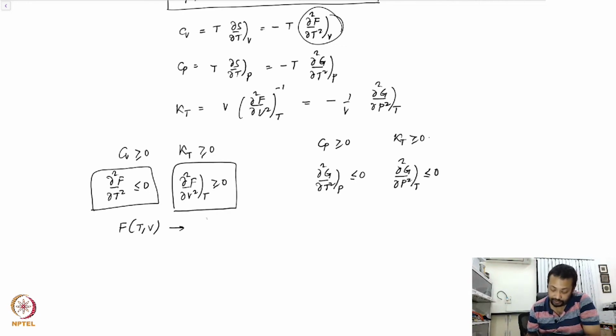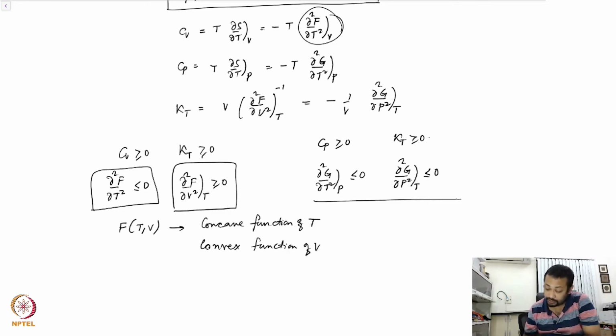So F is a concave function of T and a convex function of volume. In contrast, the Gibbs free energy G, which is a function of T and P, is a concave function of T and P.